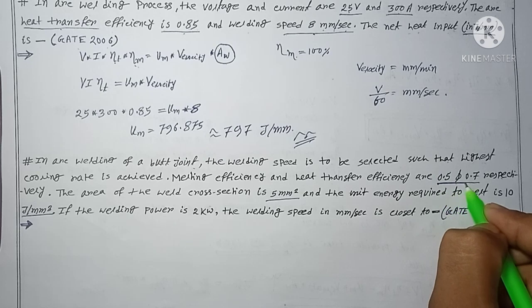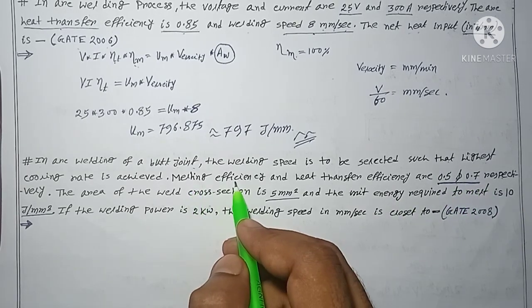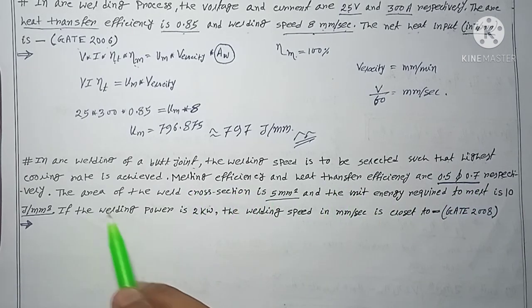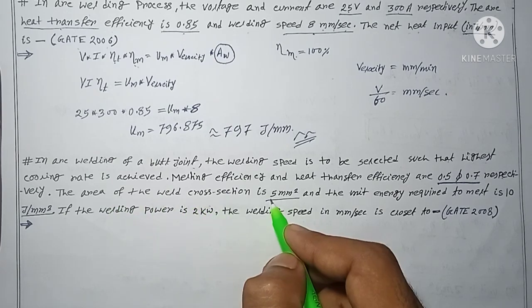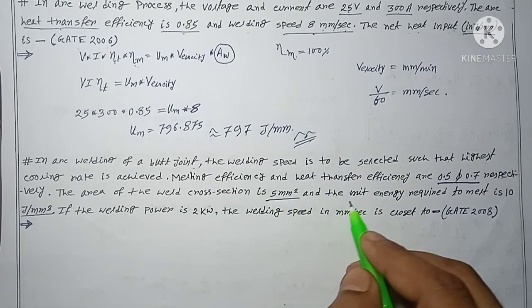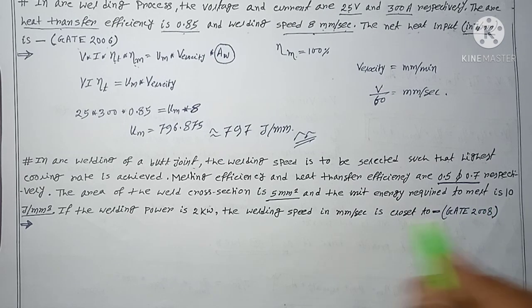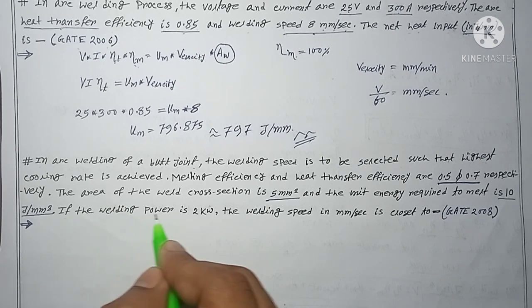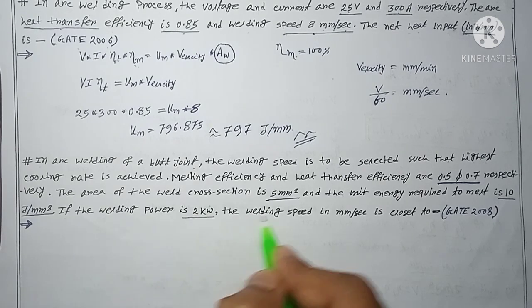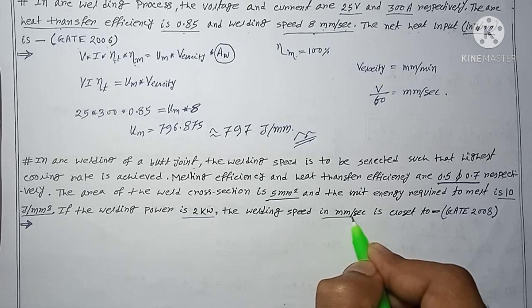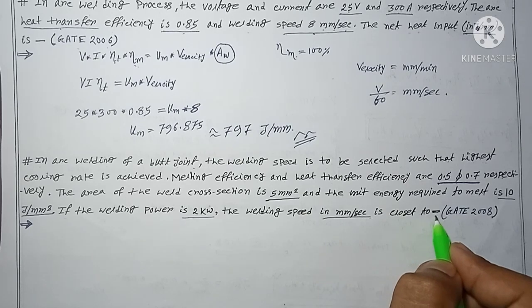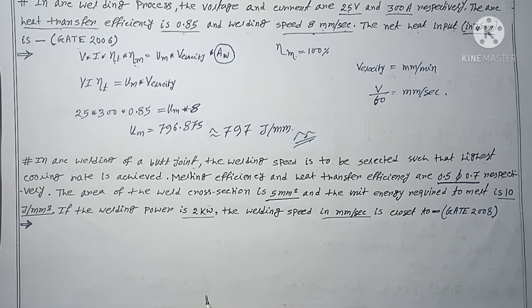The area of the weld cross section is 5 mm square and the unit energy required to melt is 10 joule per mm cube. If the welding power is 2 kilowatt, the welding speed in mm per second is closest to? So we have to find the welding speed.